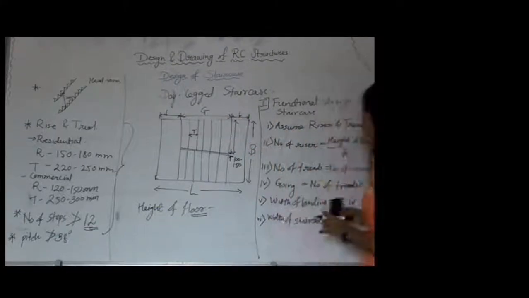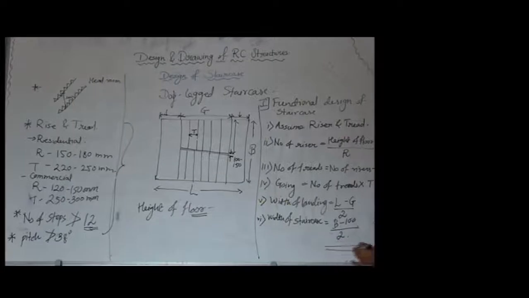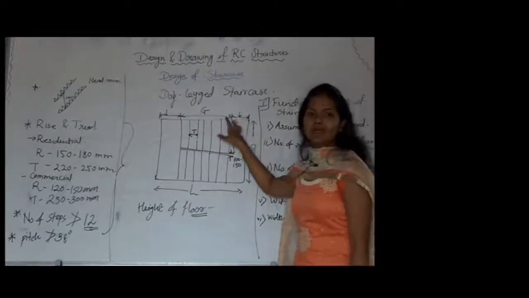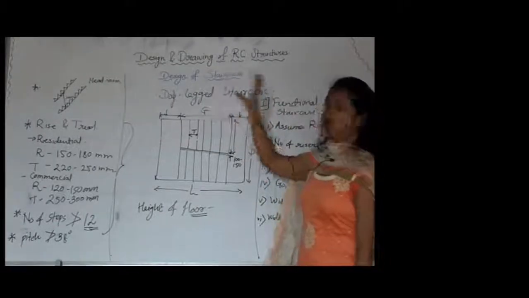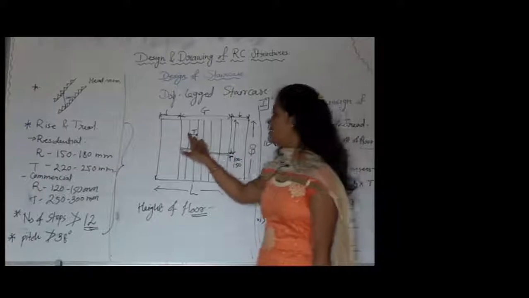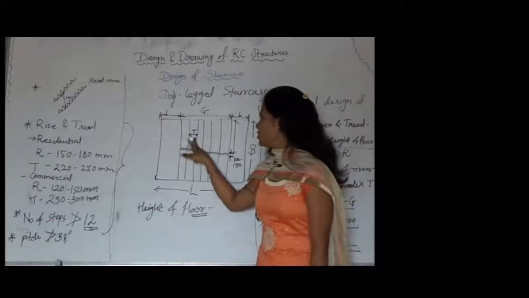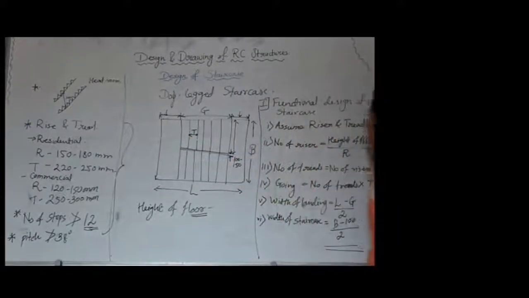So, this is nothing but our step number 1, which gives us the functional planning of the staircase, in which first of all we assume the riser and tread. Based upon that, we find the number of risers, which depends upon the floor height. Based upon number of risers, we find number of treads.